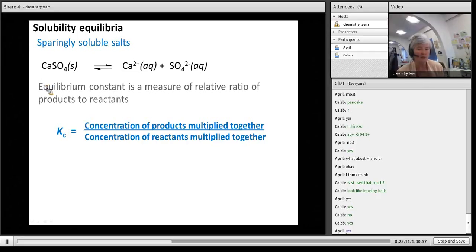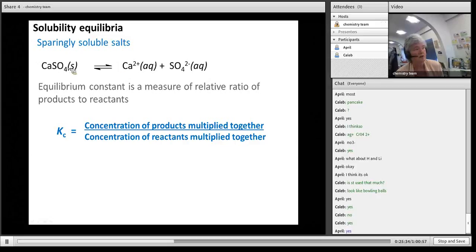So if you think of those bowling balls that we had, okay, so the calcium sulfate is a lattice, water is added, and the water will try and extract some of the calcium and the sulfate ions. They'll be moving around and they'll collide with the lattice again and form a bond, and say perhaps another calcium will come off.